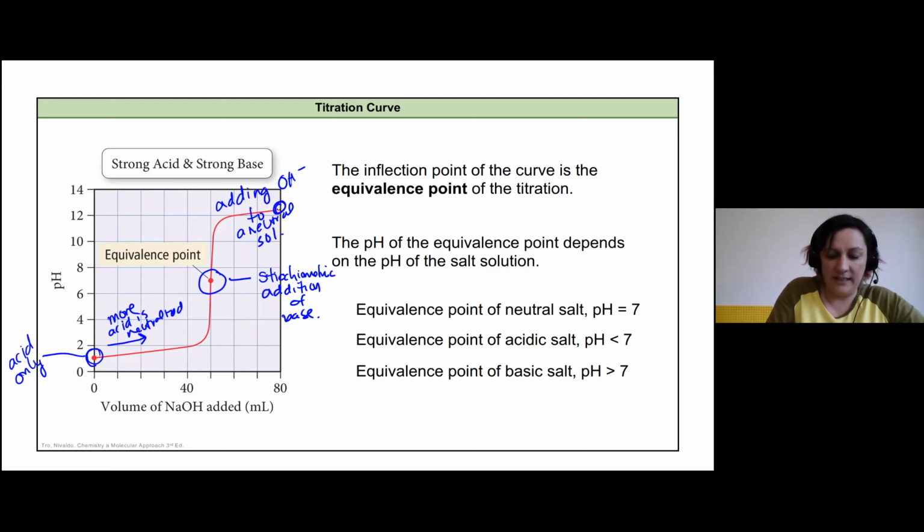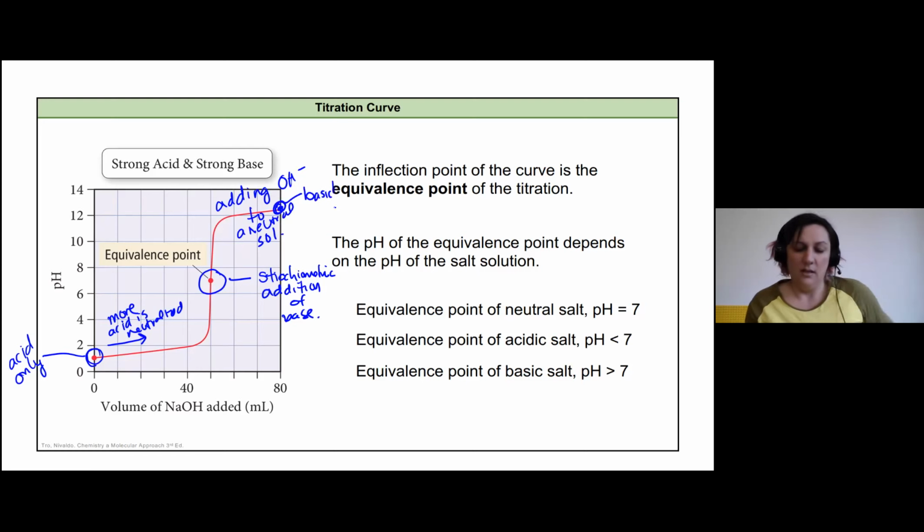So it very quickly becomes right here, basic. And so after that equivalence point, my pH will continue to change dramatically until I'm basically just at the pH of the sodium hydroxide solution I'm adding in.